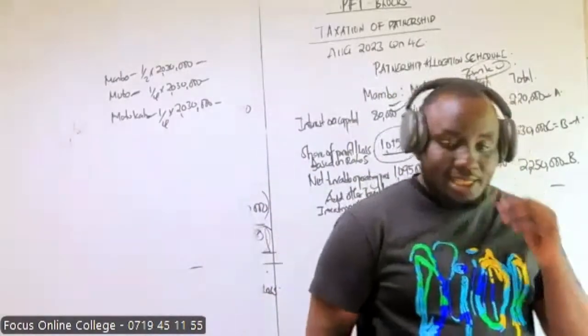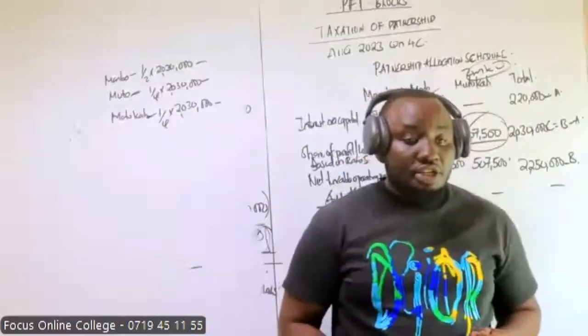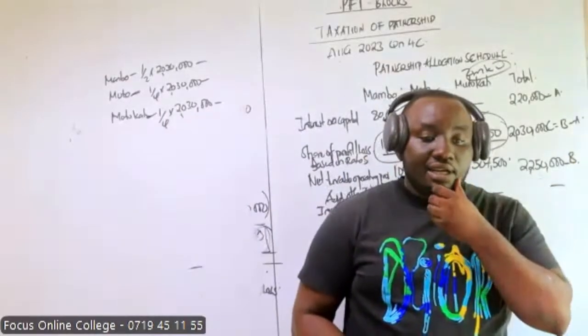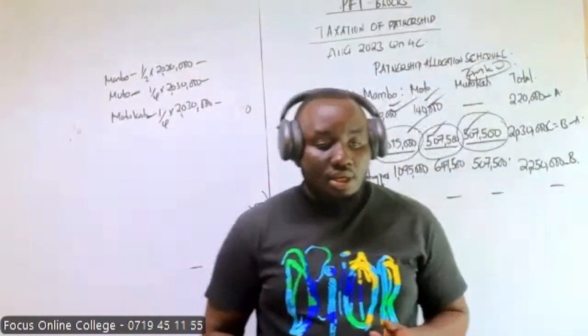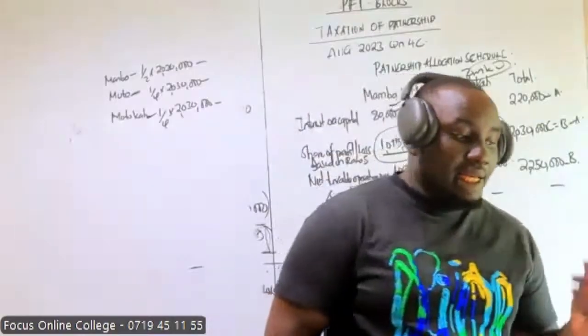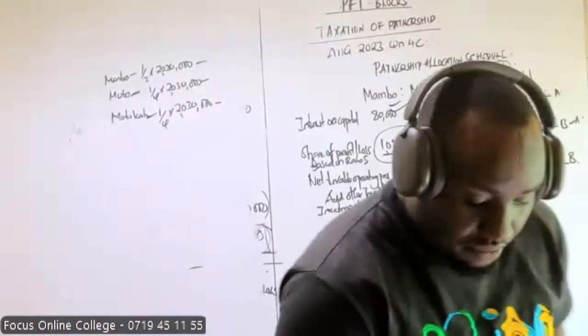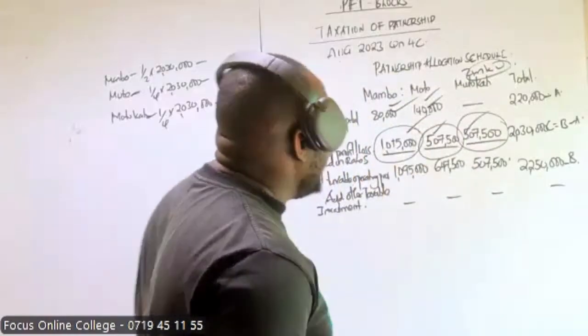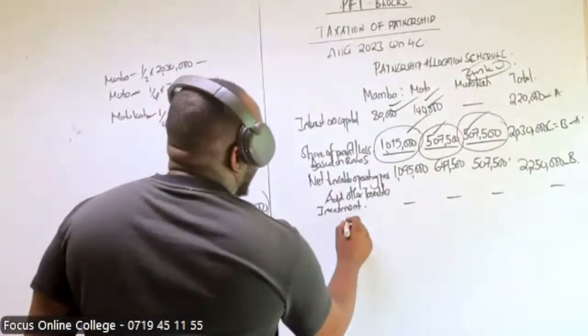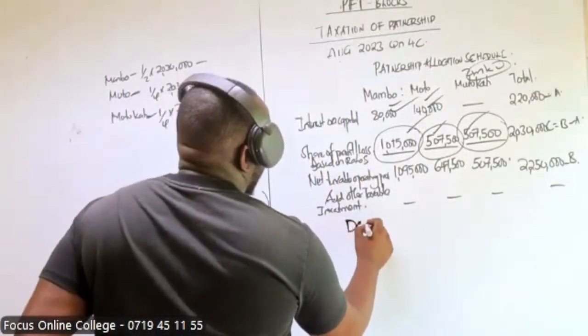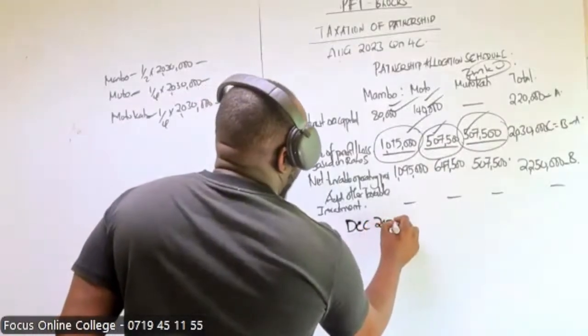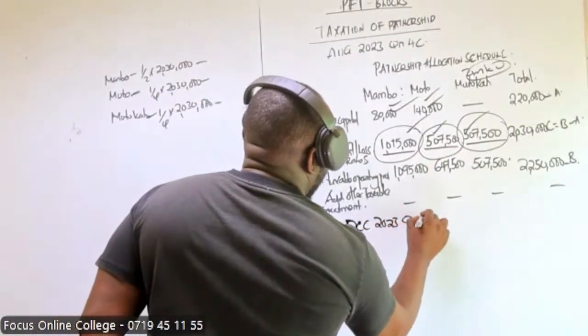So then we come to this. Can I start reading? We are being told that James and Patrick, December 23, question 5.